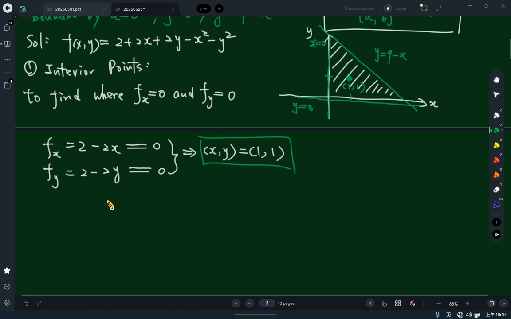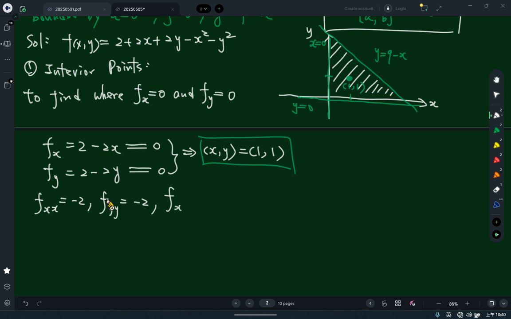Then we can continue to check: second partial f partial x squared is equal to negative 2, then second partial f partial y squared is equal to negative 2. Then the mixed partial f partial x partial y will be 0.